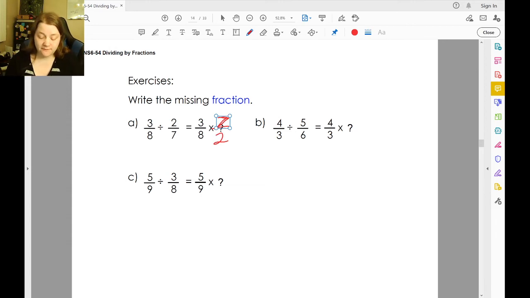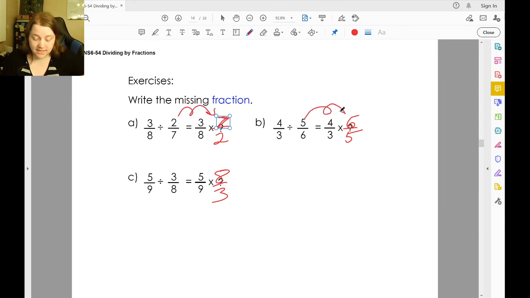For letter B, 4/3 divided by 5/6 means the same as 4/3 times 6/5. For letter C, 5/9 divided by 3/8 means the same as 5/9 times 8/3. All they're doing is flip-flopping the second fraction. I like to put it down below, they put it next to. No big deal.